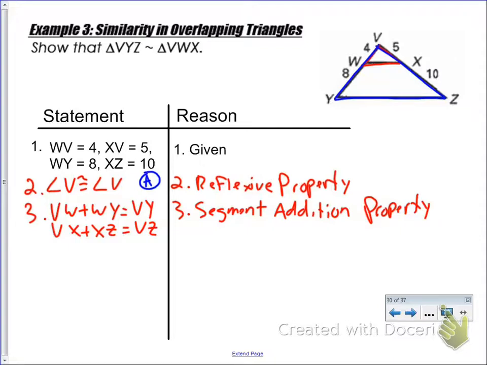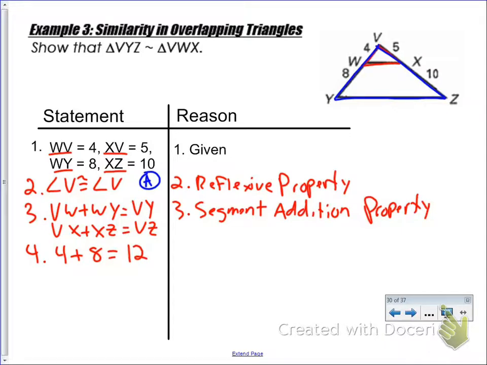The next thing we're going to do is substitute. Let's put numbers in here. Let's figure out how long VY is and how long VZ is. The numbers that we have up here in my given statement, we're going to substitute into what I just wrote down for number 3. So VW is 4 plus WY, which is 8, and that's going to equal 12.